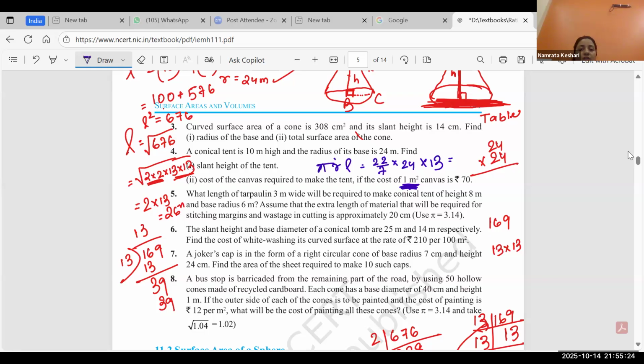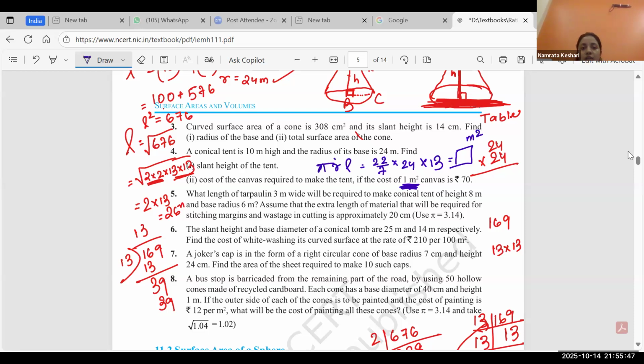Here we'll be doing the calculation, and I can clearly see the terms will not cancel out each other completely. So you can just do the multiplication, which will be a huge number. We don't have any other way. Whatever area we get, that answer will be in meter square.